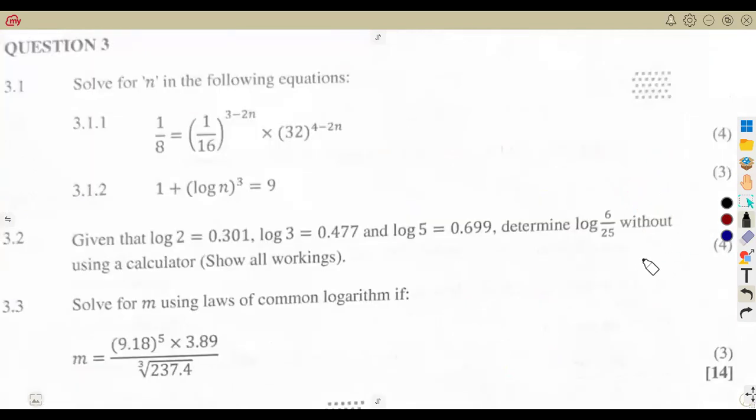So let's check what we have there. On question number 3, you were given to solve for n in the following equations. All right, 3.11, we've got our exponential equation there. These are exponents, with different ways of solving.